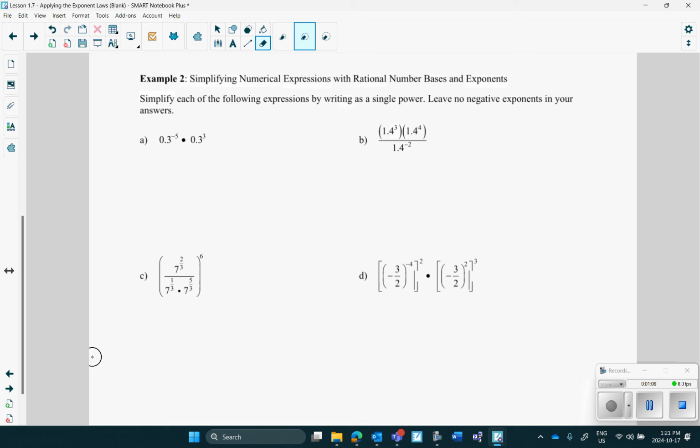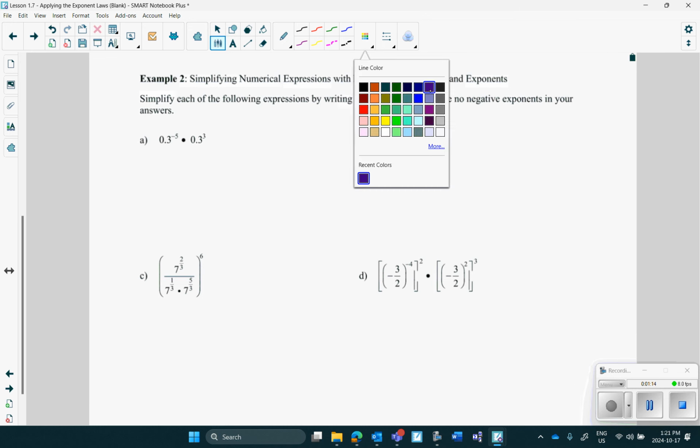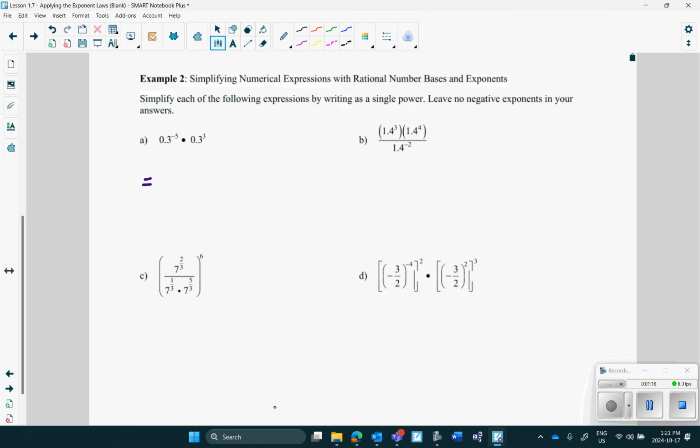So what would this be when I multiply the two together? The whole answer, please. 0.3 to the negative 12 to the negative 15. Don't we add the exponents?